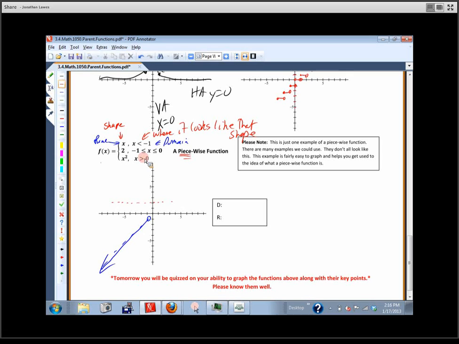Then let me give you one similar to what would be on your assignment. This one's only going to have 2 pieces though. So this is going to be graph it and figure domain and range.